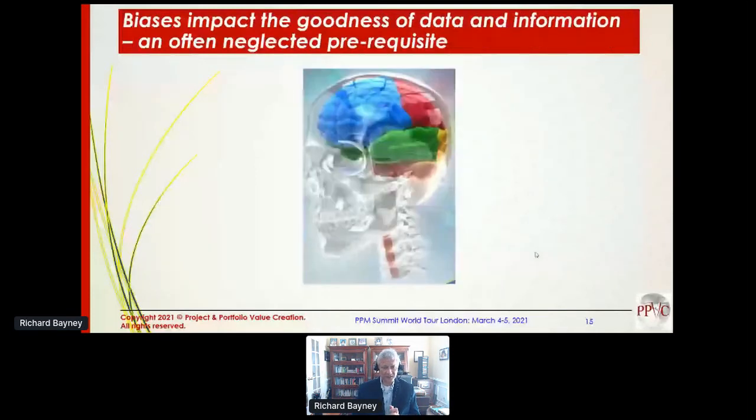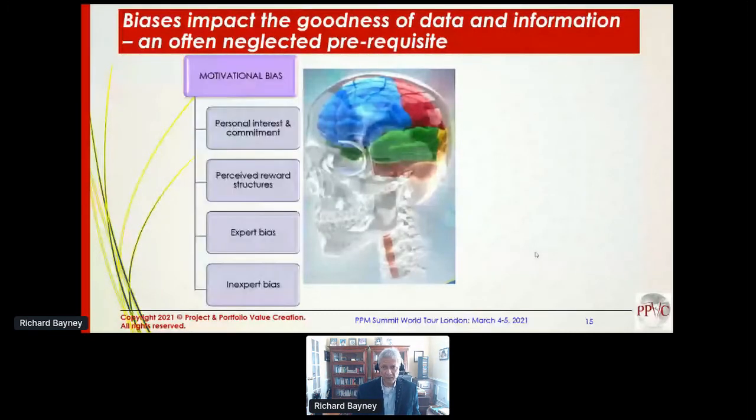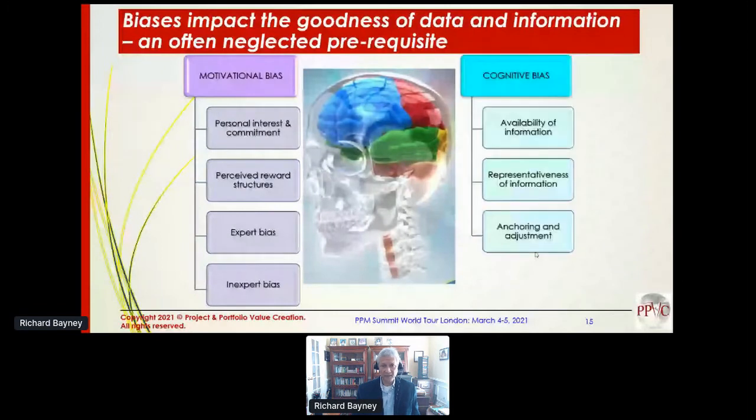And so one of the challenges of decision analysis, not necessarily of portfolio management, is to address the level of bias, both motivational and cognitive, that could impact the robustness of that data and information that we utilize for the purposes of our evaluations and therefore our analyses.